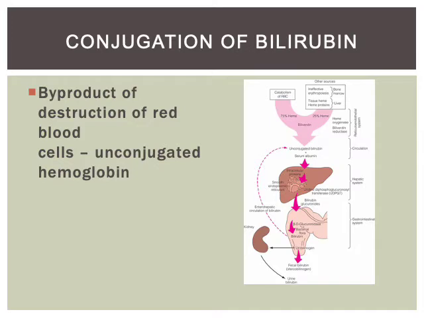Unconjugated bilirubin should be converted to conjugated bilirubin by way of enzymes. In babies, they don't have enough of these enzymes, known as bilirubin glucuronyl transferase, in order to conjugate the unconjugated bilirubin.